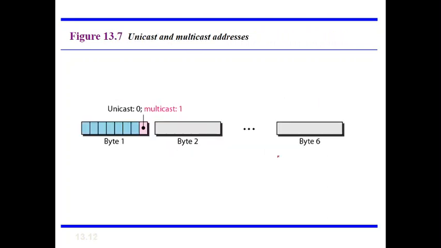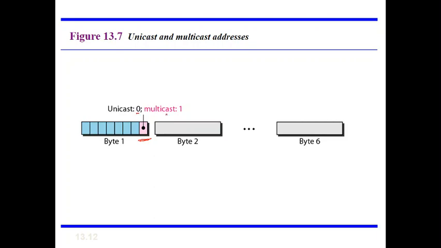Now to identify whether it is unicast, multicast or broadcast, we consider the least significant bit of the first byte. Remember, to identify the type of the address, we have to consider the least significant bit of the first byte out of the 6-byte address. If my least significant bit of the first byte is 0, then the address is a unicast address.